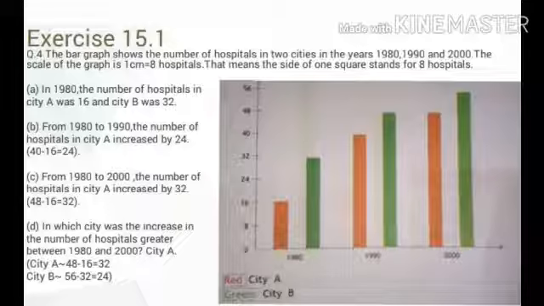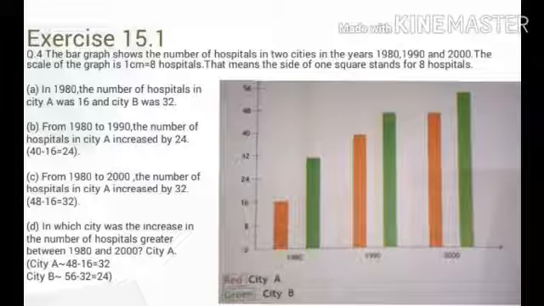So they told us to find how much hospital has it increased from 1980 to 1990. So we have to subtract 40 minus, in 1980 how much? 16. So 40 minus 16 is 24. So the answer for B will be 24.